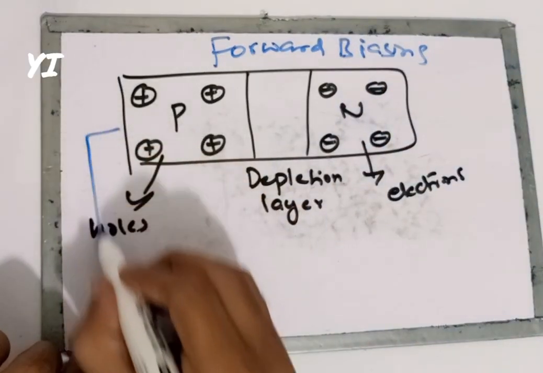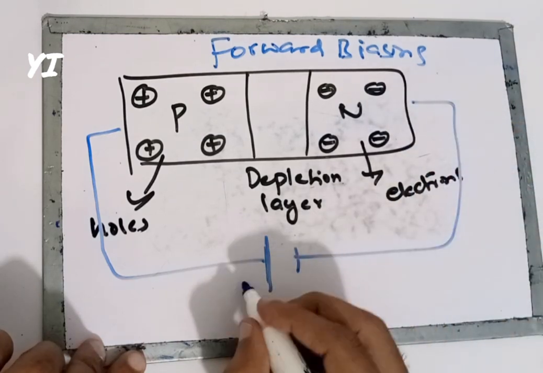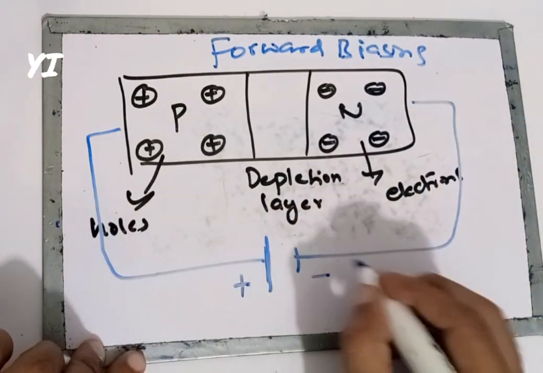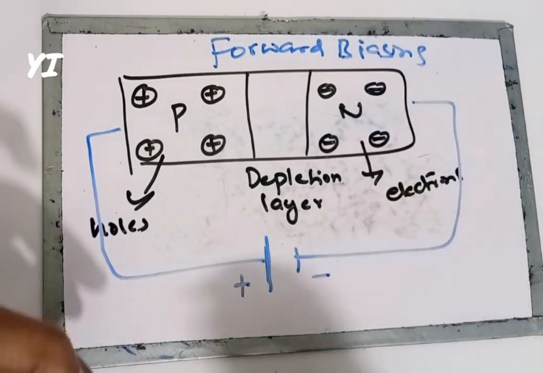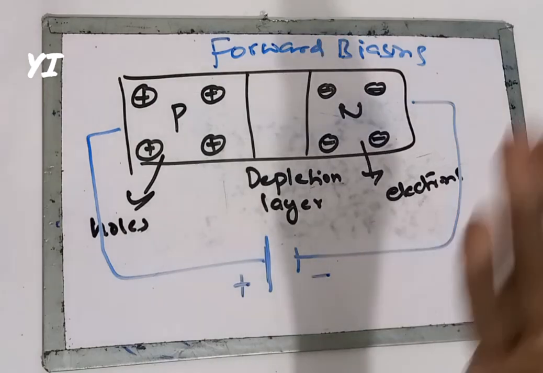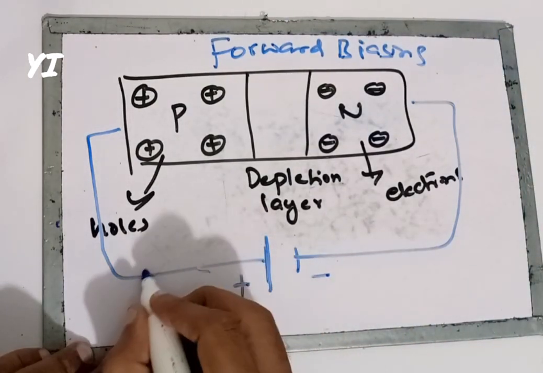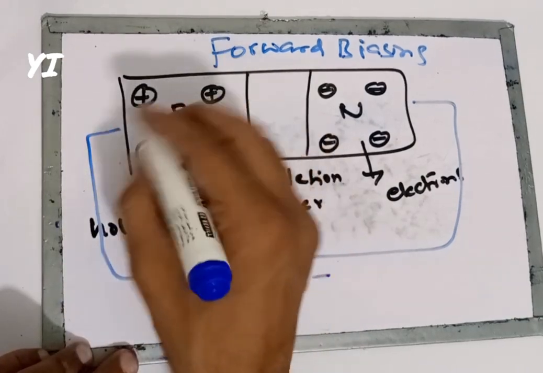So in forward biasing, what we have to do is to connect the p type with the positive electrode and n type with the negative electrode. So what will happen when we connect the p type with the positive electrode and n type with the negative electrode, that the positive and positive get repelled each other.